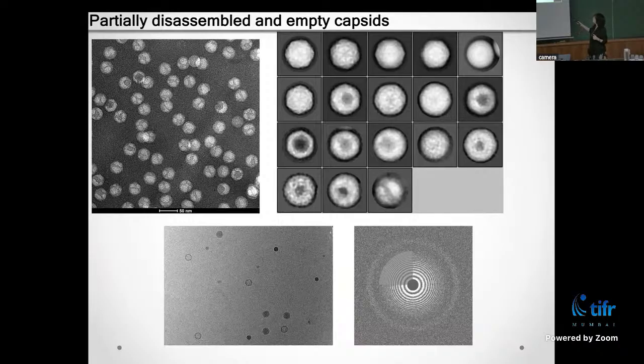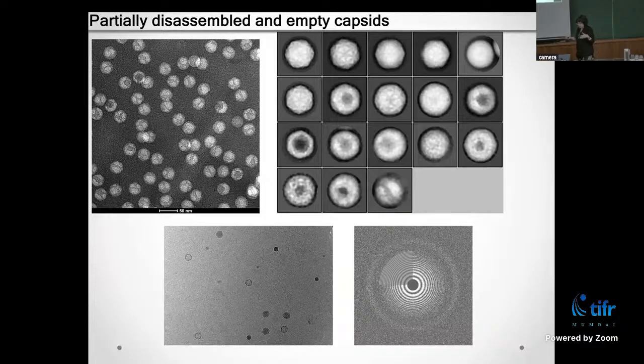If you look at this negative stain image, this is not cryo-EM, this is stained with heavy metal. We can see that these particles are clearly hexagonal and whole, and these are all icosahedral particles. And then you see the particles getting rounder, and then you start seeing openings arising in the particle, and finally you find a particle which is almost completely empty inside.